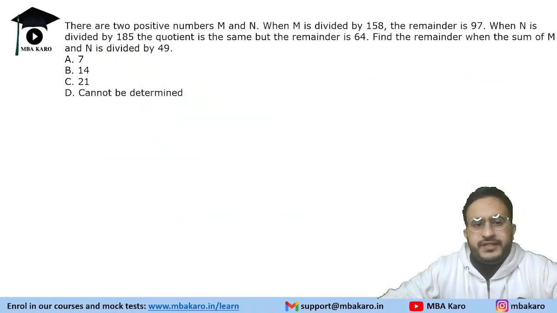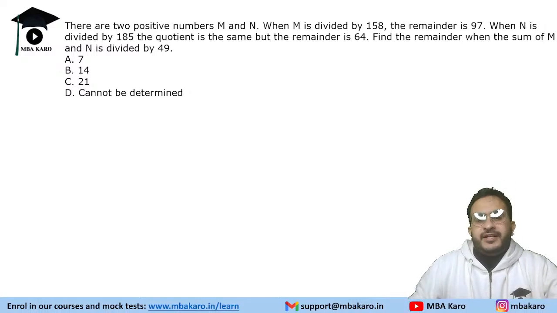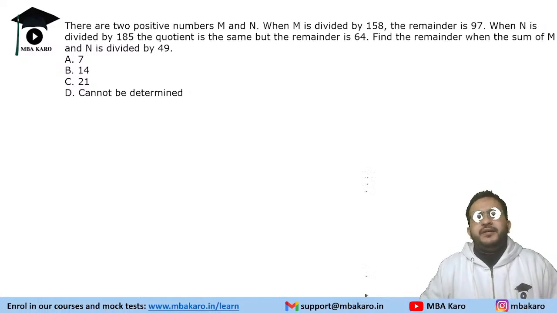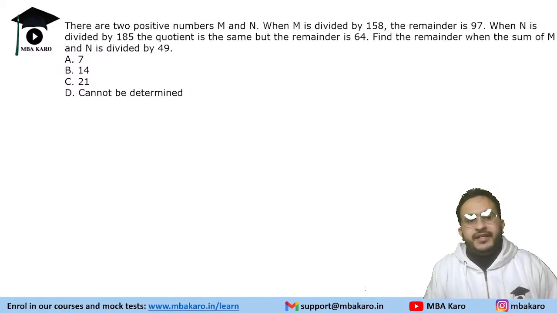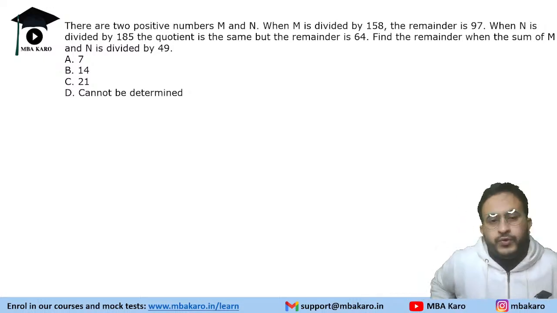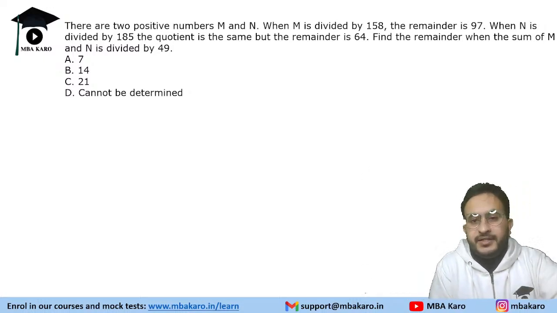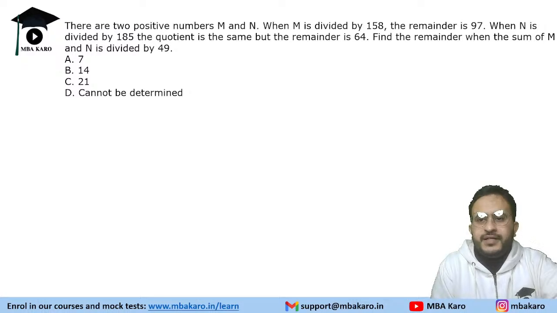There are two positive numbers m and n. When m is divided by 158, the remainder is 97. When n is divided by 185, the quotient is the same, but the remainder is 64. Find the remainder when the sum of m and n is divided by 49.